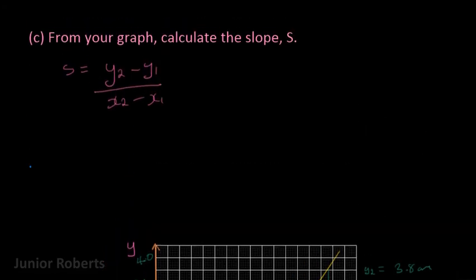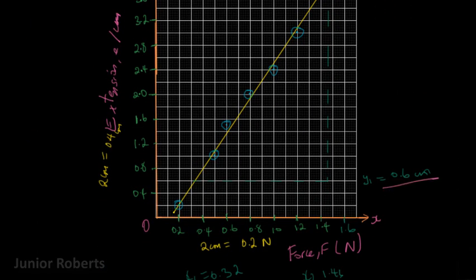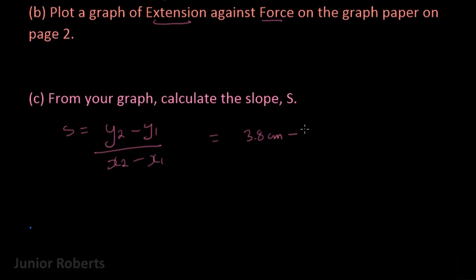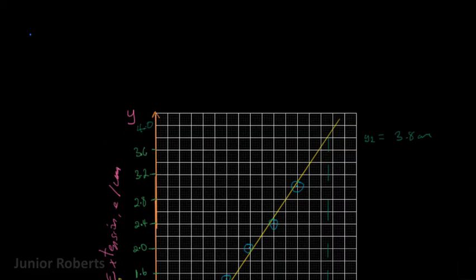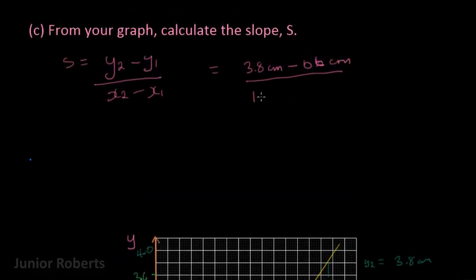So we're going to say y2, which is 3.8 centimeters, minus y1, which was 0.6 centimeters, divided by x2, which is 1.46 newtons, minus x1, which is 0.32 newtons.